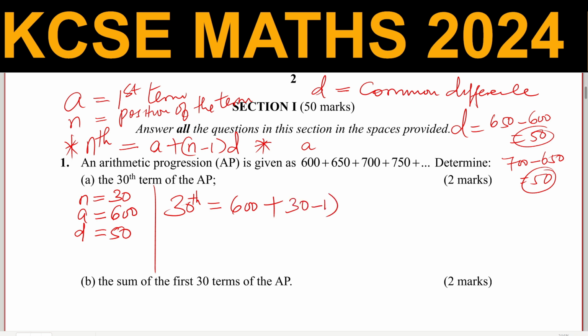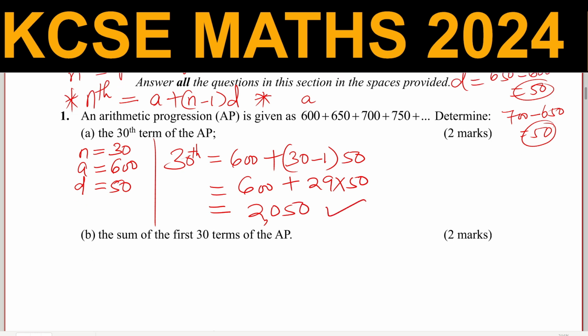Then subtract 1, multiply by the common difference, which is 50. So make sure you have done the correct substitution. I'll use a calculator for this. So this will be 600 plus 29 times 50. When you use the calculator, this will give 2050. That is the 30th term.